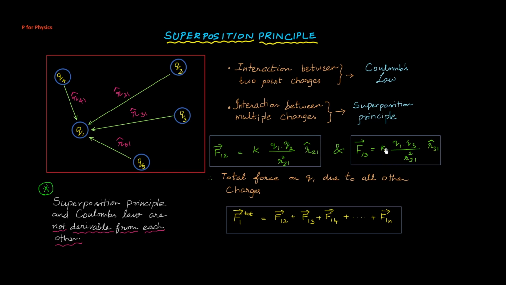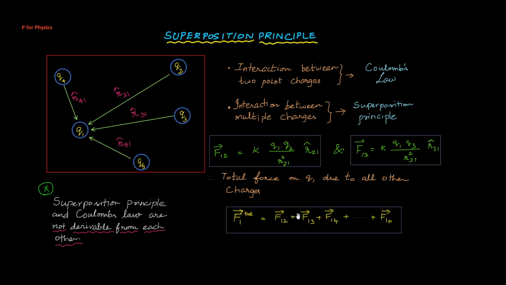This simply means that whatever may be the number of charges surrounding a particular charge, we can apply Coulomb's law simply like this, one after the other, to find the total force. So if we find the total force applying the superposition principle, we might be able to say the total force on Q1 due to all other charges is given as F1 total vector equal to F12 vector plus F13 vector plus F14 vector up to n number of charges.